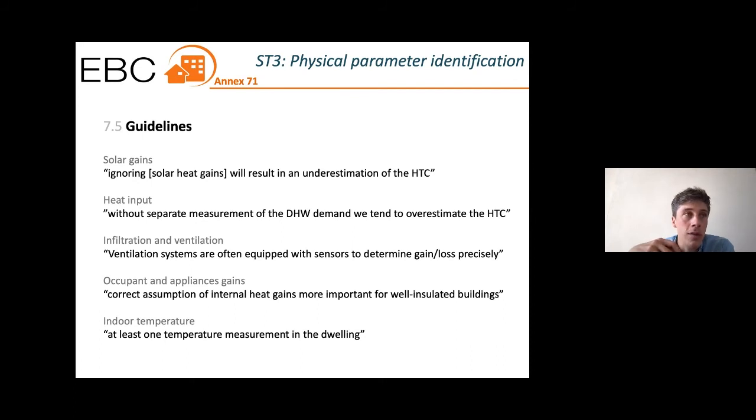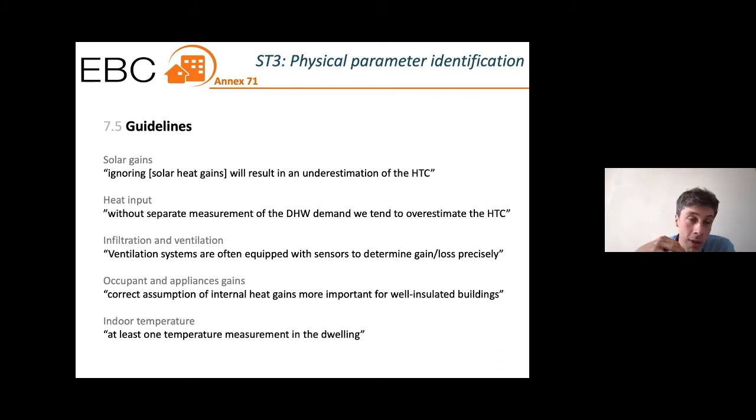What we also see is that many of the modern day ventilation systems are equipped with sensors that allow us to determine the gains and the losses that result from ventilation quite accurately. So it's beneficial to include it in the model.